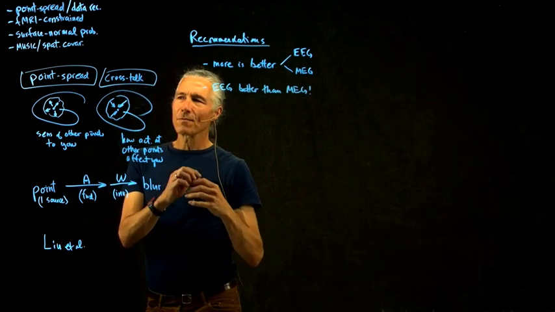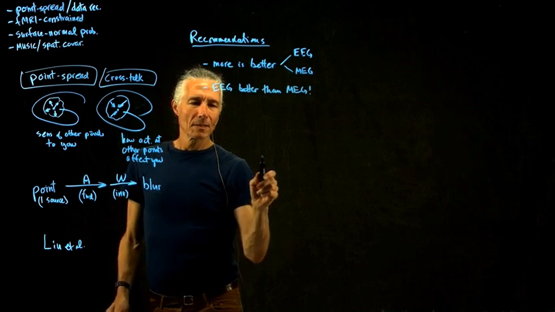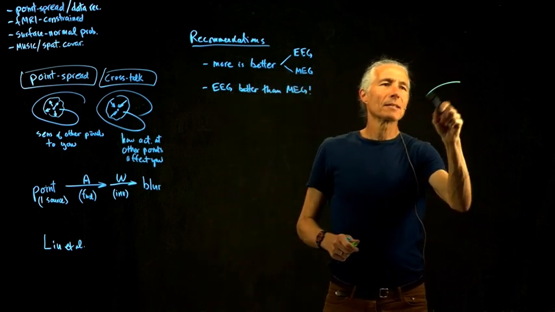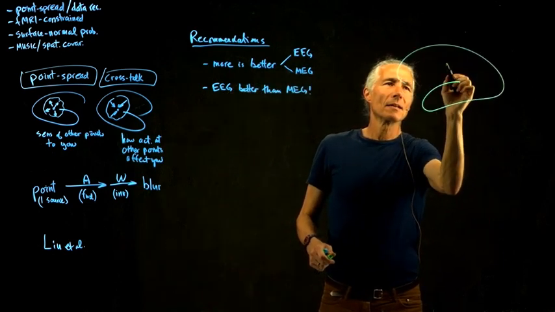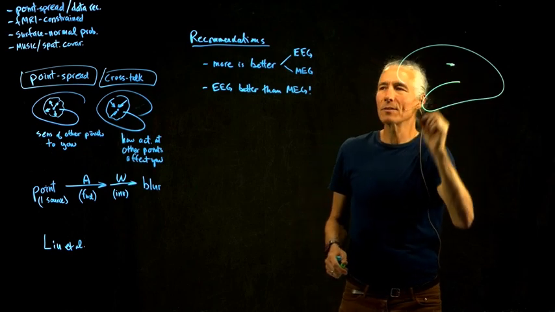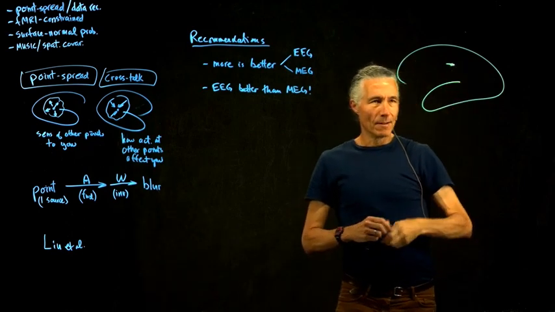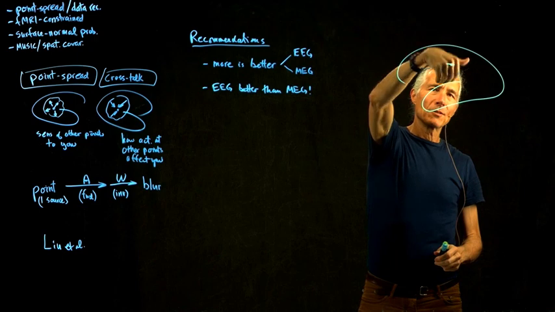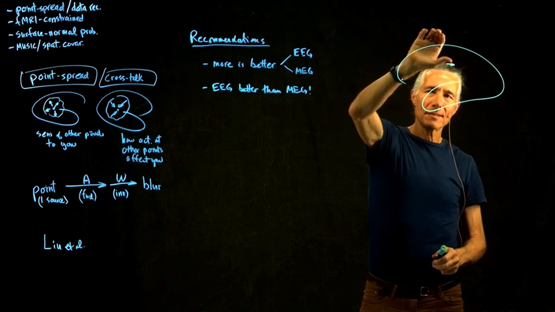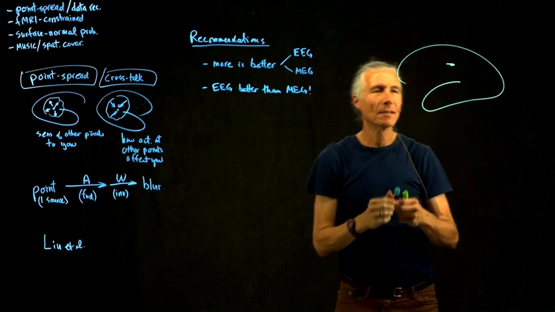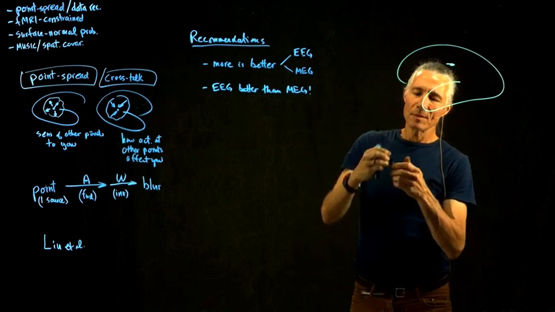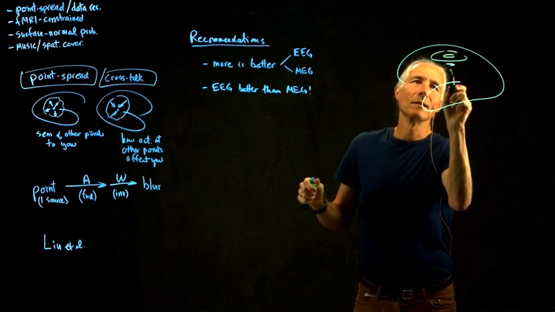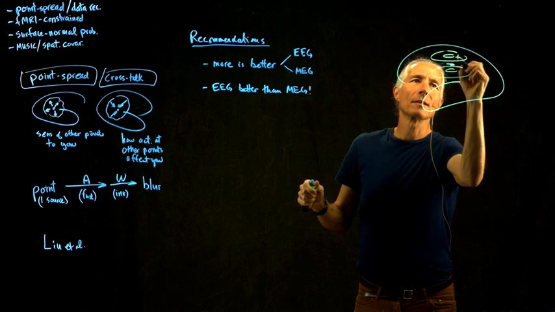If you've got a head, something like this, and there's a dipole somewhere in the head that's parallel to the surface of the head, then that will cause the field to wrap around that dipole. That's the curl of the current. That's going to make a plus over here and a minus over here.